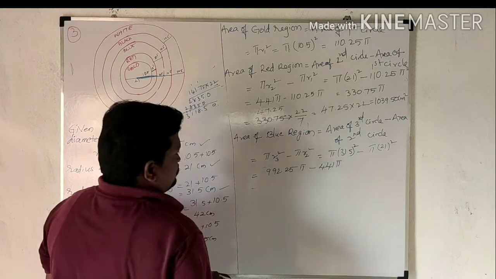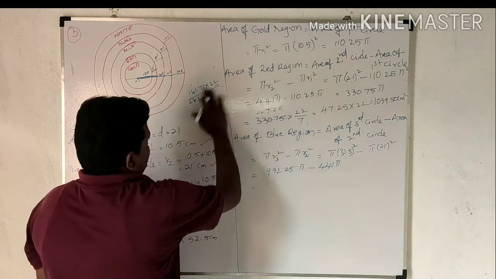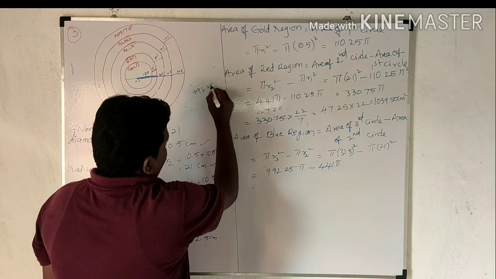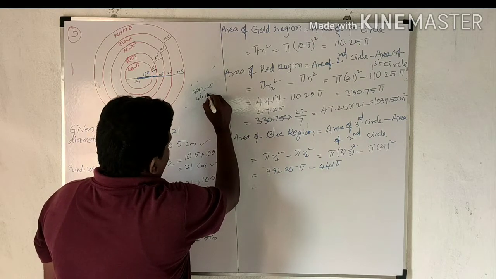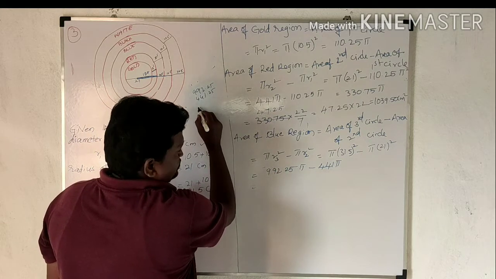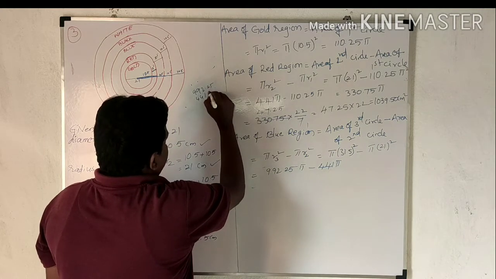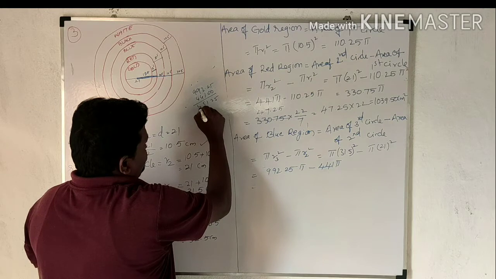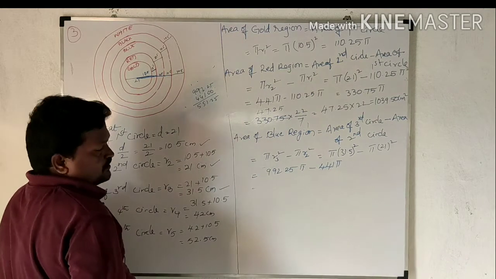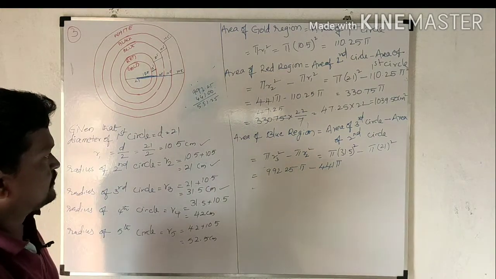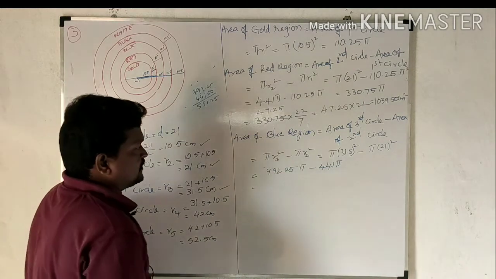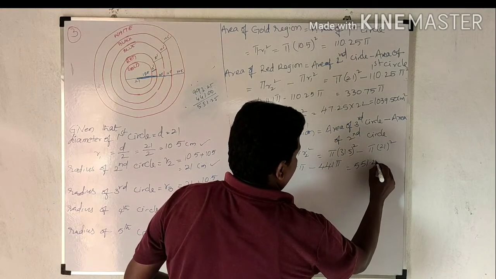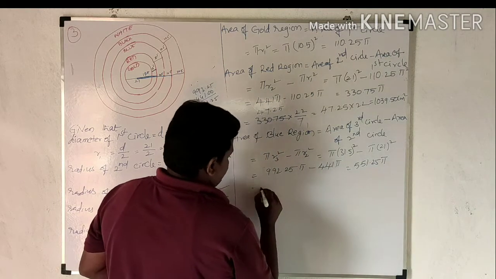So now you have to subtract 441 only from 992.25. This is 551.25 pi.